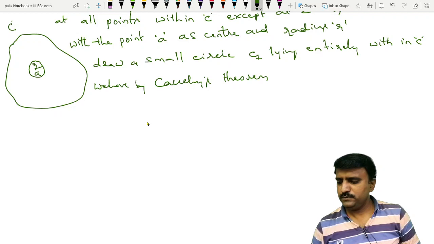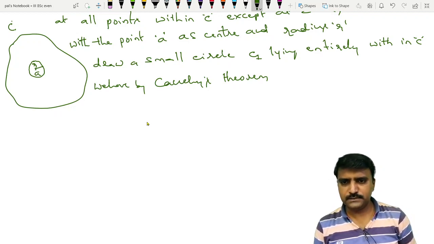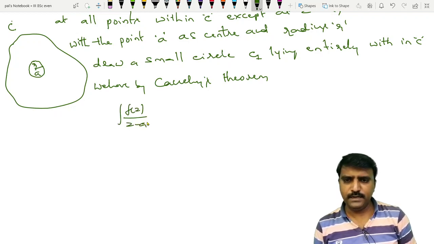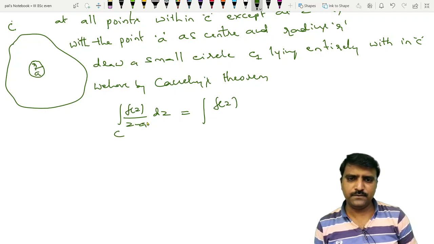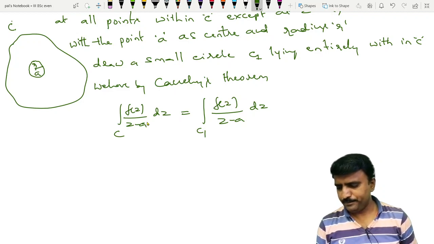So now you consider the integration of f of z by z minus a into dz over C, which is the same as the integration of f of z by z minus a into dz over C1.